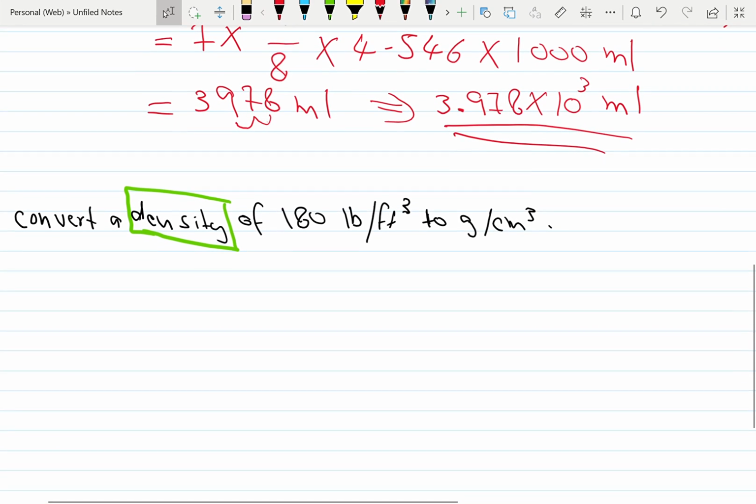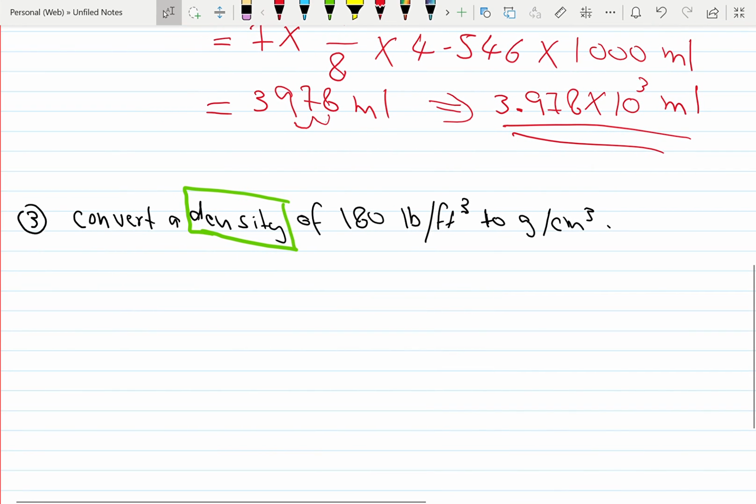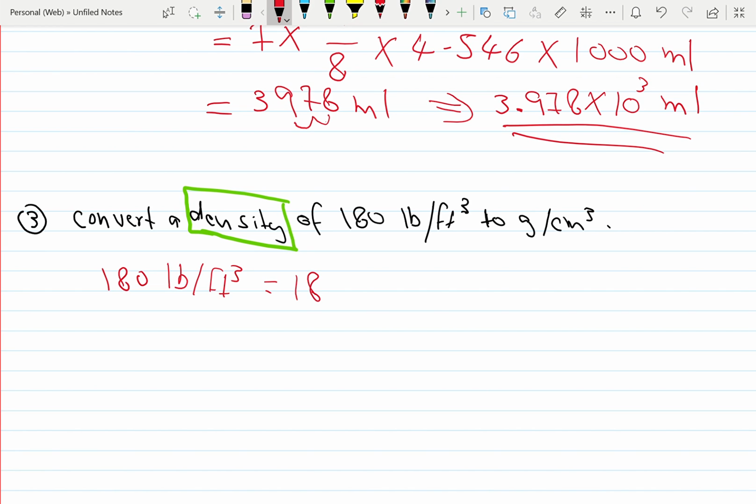Let us do an example in density. They ask us to convert a density of 180 pound per foot cube to gram per centimeter cube. So that is in the same way. That is 180 pound per foot cube equal 180.